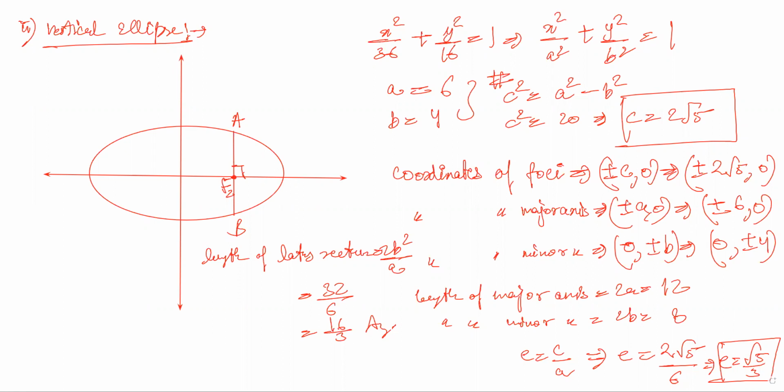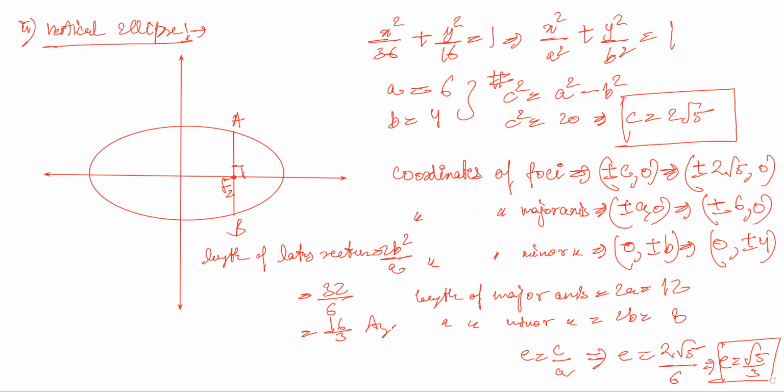Now tell me the value for c first of all. What's the value for c, Iram? 5 root 3. Good, very good.